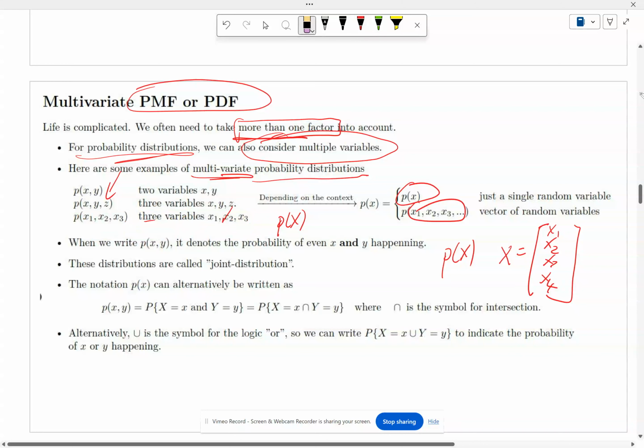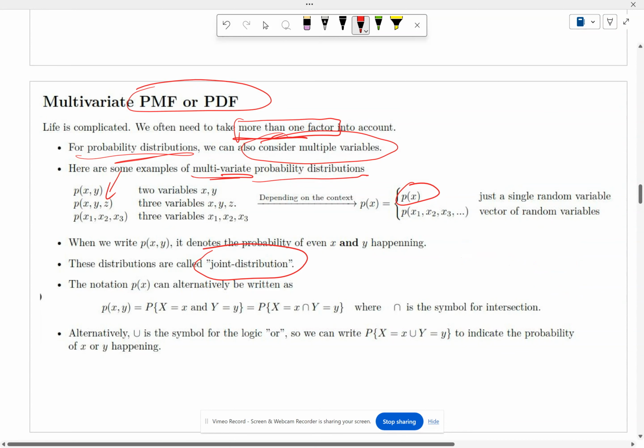Okay? So, like I said previously, when we write P of x, y, what it's really saying is: what is the probability of x and y happening? And distributions like this, when you have multiple variables, are called joint distributions, because you're joining multiple variables together.